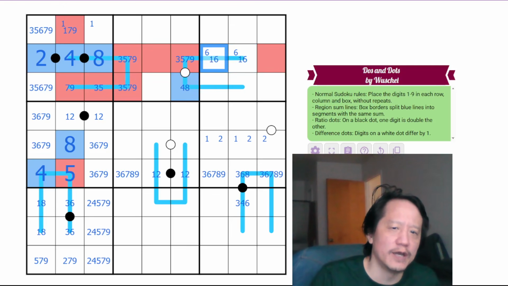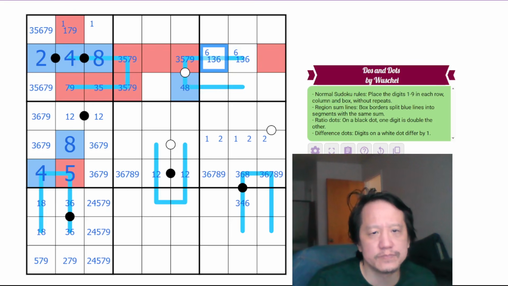6 and 1 adding up to 3 and 4. 4 and 5 adding up to 6 and 3. Cannot be 6 and... Could be 6 and 9, but that doesn't work. Either way, this is 4.